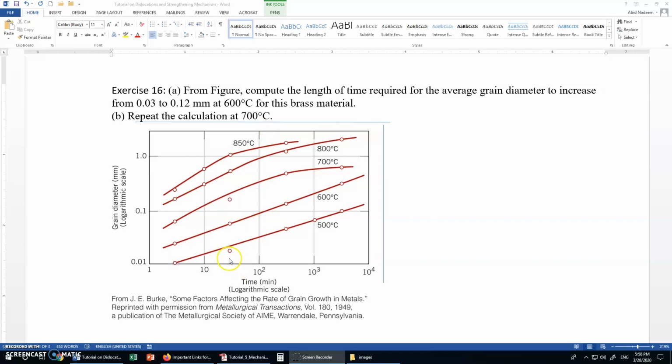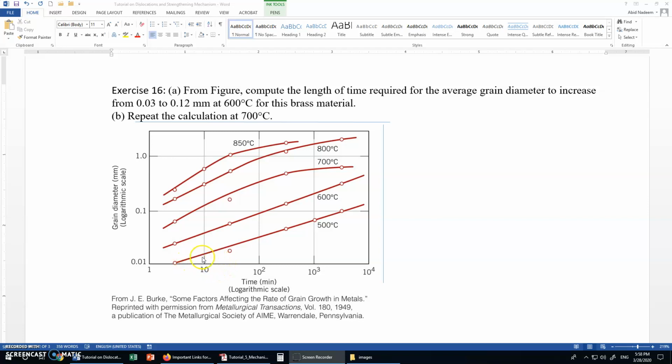So you can see that in this figure the data given to you is between the grain diameter and the time, and both are represented on logarithmic scales.